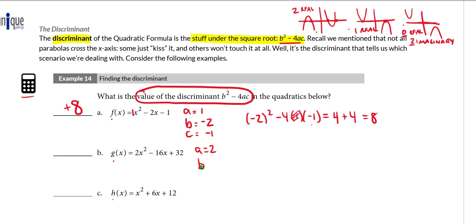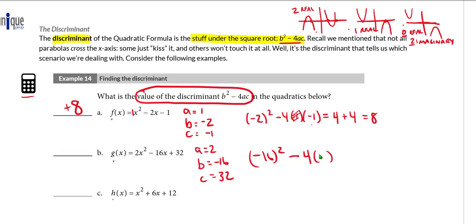We have a equaling 2, b equaling -16, c equaling 32. There I definitely do want to use my calculator. -16 squared is 256, but I don't want to run the risk of making any careless mistakes here.